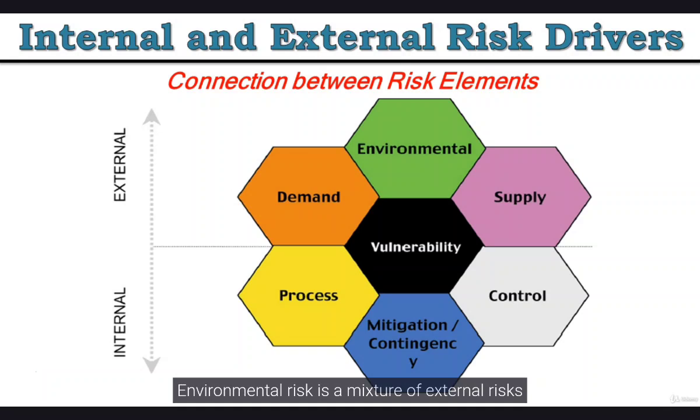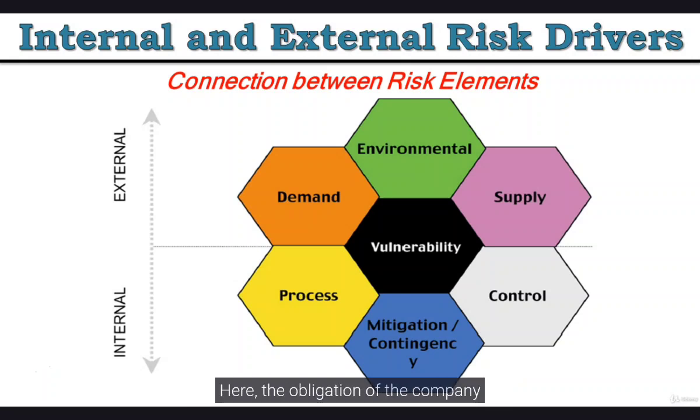Environmental risk is a mixture of external risks to the company, its customers and suppliers. It is the most difficult to predict of all vulnerabilities as it spans weather, business environment, acts of war, and so on.